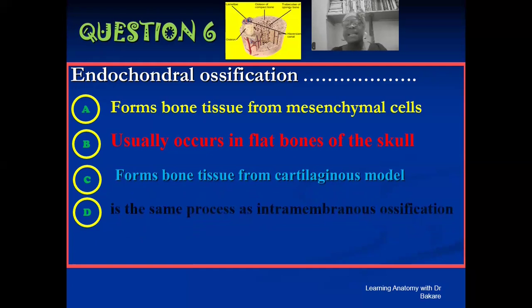The correct answer here is that it forms bone tissue from a cartilaginous model. There is an initial template of cartilage that is formed, which is later transformed into bone tissue. And this is what endochondral ossification entails. We have a transformation of a cartilaginous model into bone tissue. Hence, this is the correct option.